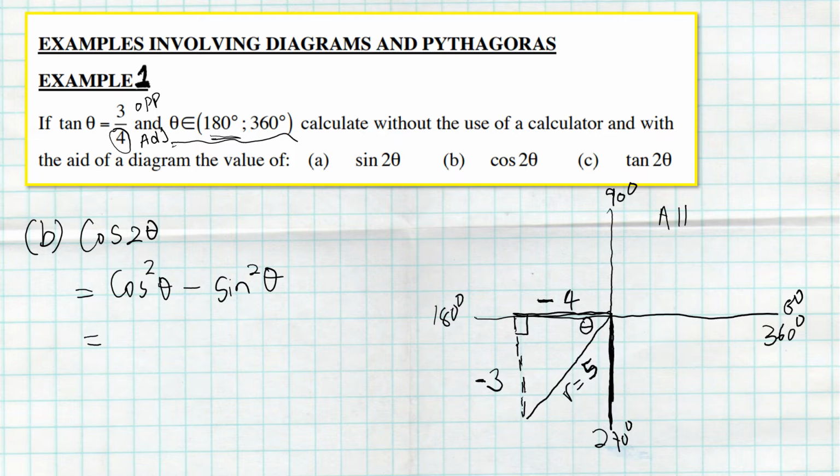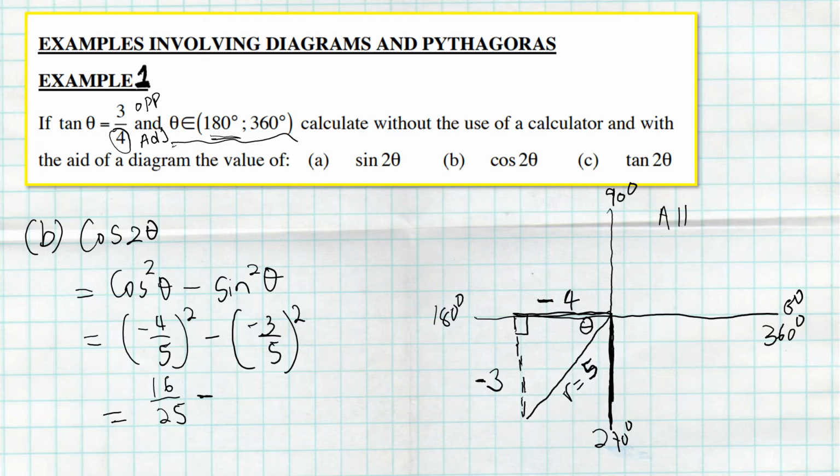Okay, so now cos squared theta, so we're going to get the answer for cos theta. I think we already did. It's adjacent over hypotenuse. It's going to be minus 4 over 5, but this is squared, right? Minus sine squared theta, opposite over hypotenuse, and it was minus 3 over what? Over 5 squared, right? Minus 4 squared is going to be 16. 5 squared is going to be 25. So this will be 16 over 25.